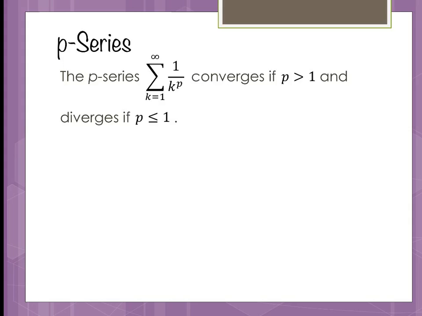And that's it. Very simple, very clean. It's maybe a little simpler than geometric simply because geometric has that additional condition that tells you what it converges to. This one doesn't have that, but otherwise they're very equivalent in terms of how difficult they are to process.